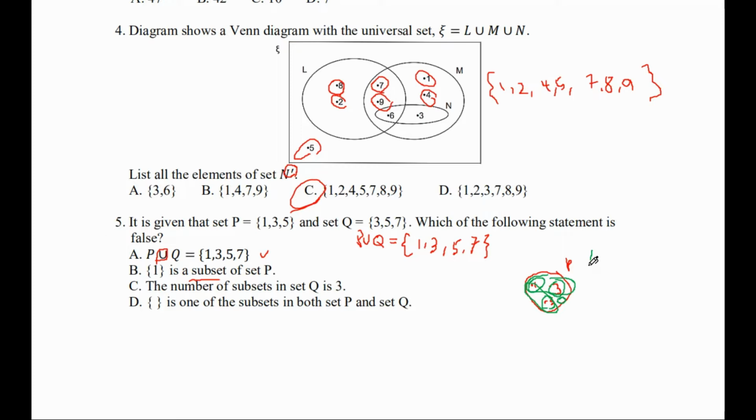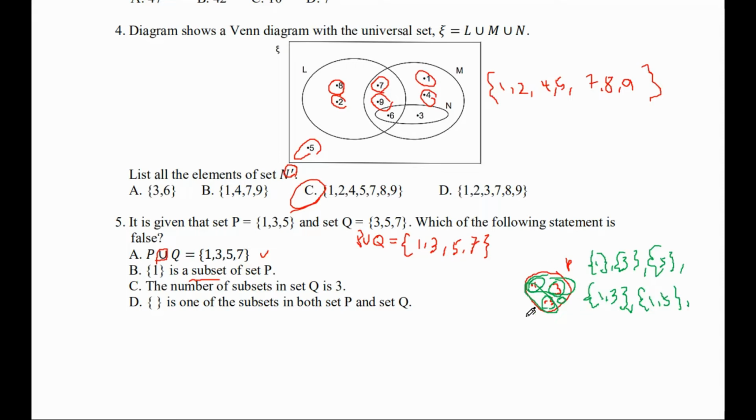So for the subsets of P, I have 1, or I can circle only 3, and also only 5. I can also circle two numbers: 1 and 3, 1 and 5, and also 3 and 5.